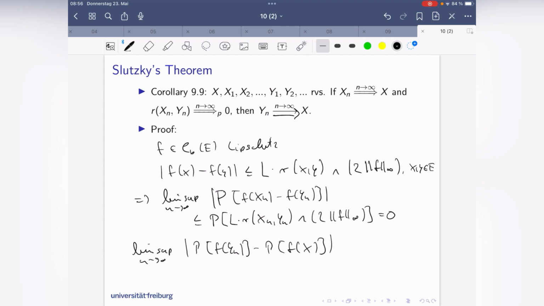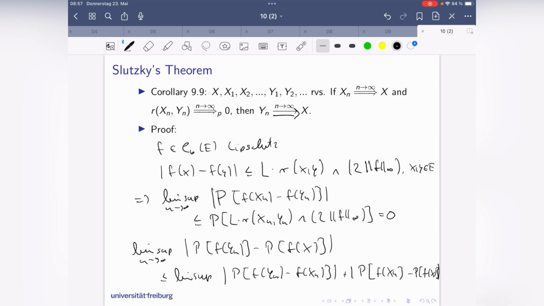But we can say, well, I take the integral of f of xn in between, so I have the integral of f of yn minus f of xn, plus the integral of f of xn minus the integral of f of x, like this.